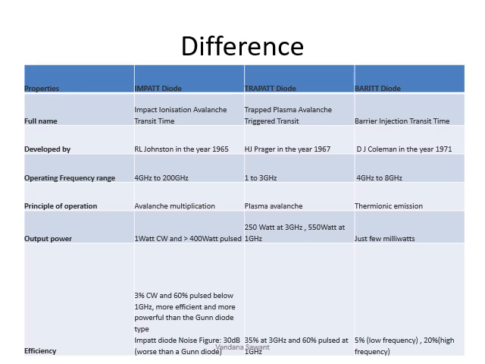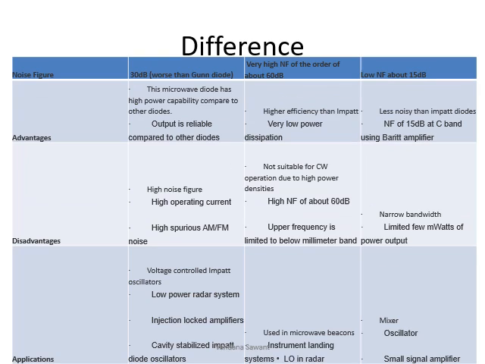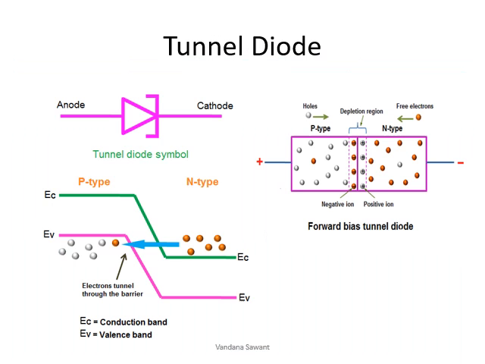Then we can write the difference between the impact diode, Trapatt diode, and Barrett diode. Many times this difference is asked, so at least 4 or 5 difference points you must remember. Given almost 10 difference points.